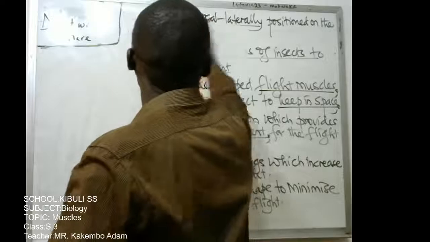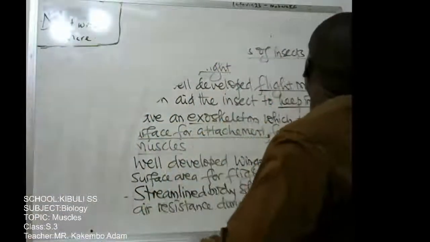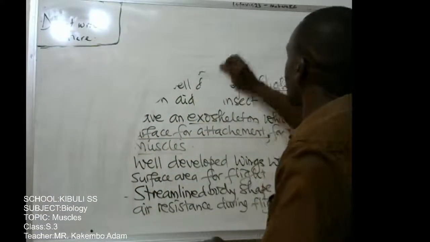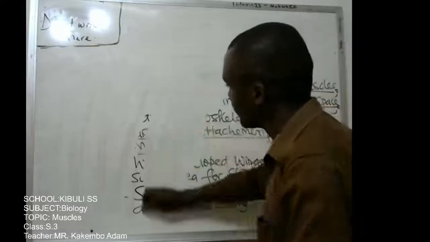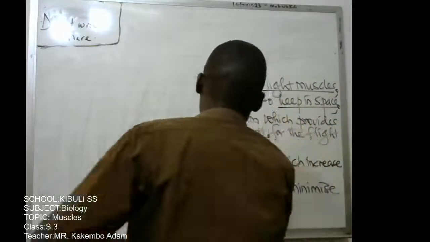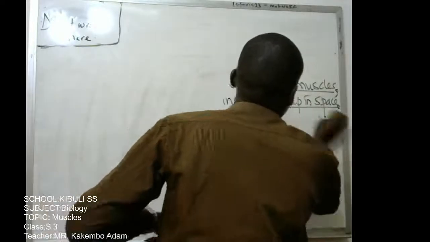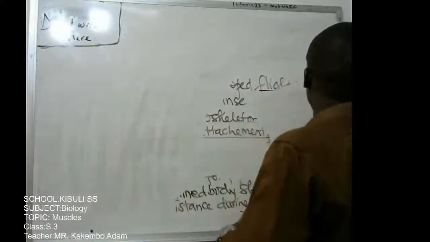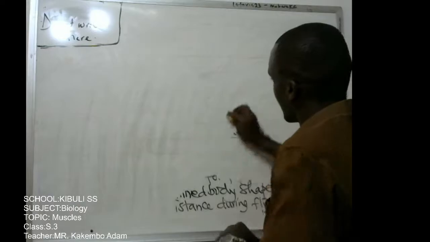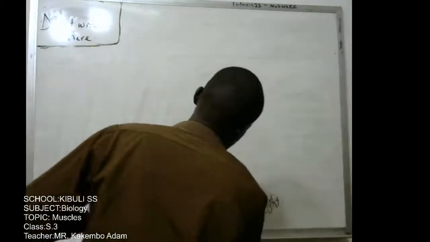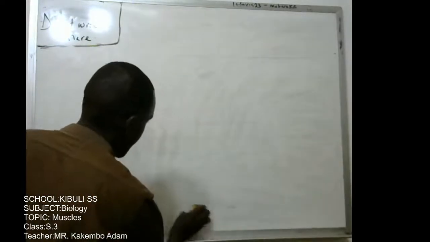Hope all of you have the notes and have been copying them well. You could be missing the drawings. We shall be adding the drawings as we carry on with the discussion of the different modes of locomotion in different organisms.